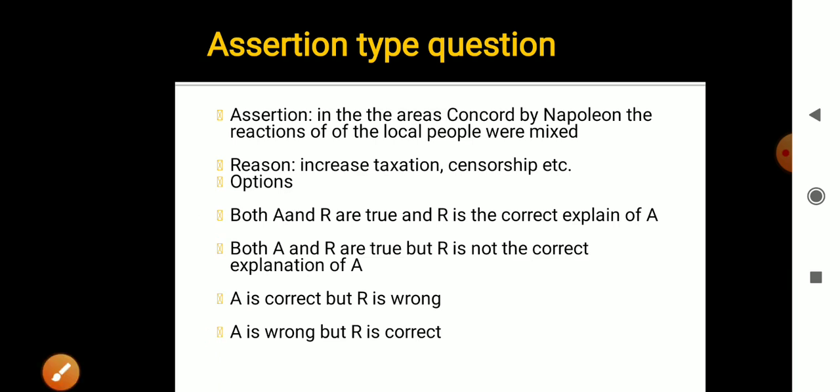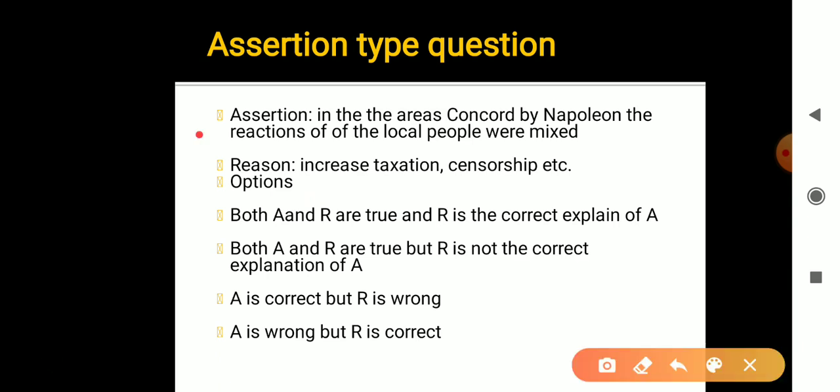The first option is: both A and R are true, and R is the correct explanation of A. A means assertion and R means reason. So both A and R are true, meaning both statements are correct, and R is the correct explanation of A. That is, this reason is the correct explanation of this assertion or statement.